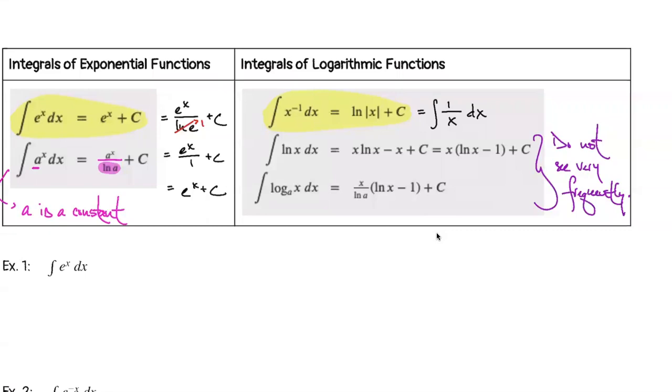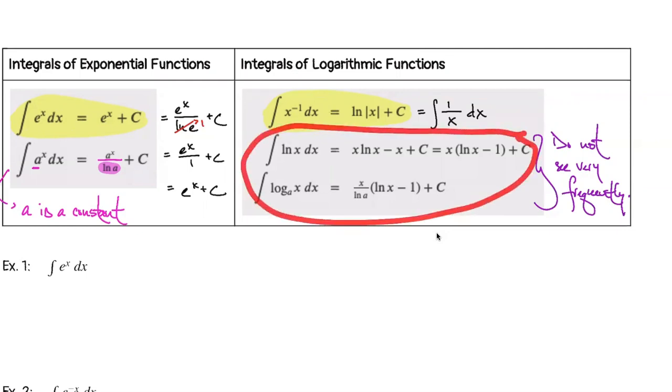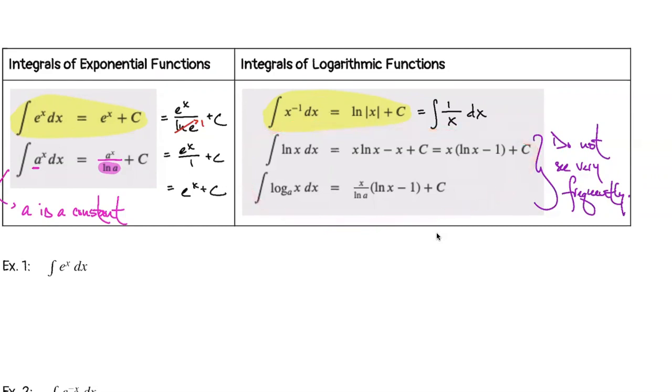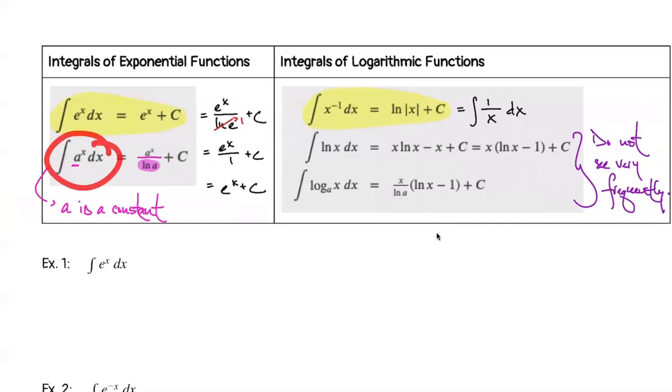Truth be told, beyond the foundational ones that show up a lot in the problems we've done a lot of practice on, there are tables of integrals that you can just look up. The integral of natural log or regular log or a to the x falls in that look-it-up-in-a-table category, whereas the first two we use so frequently that we should really know those.